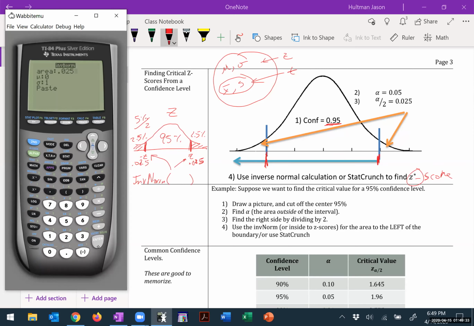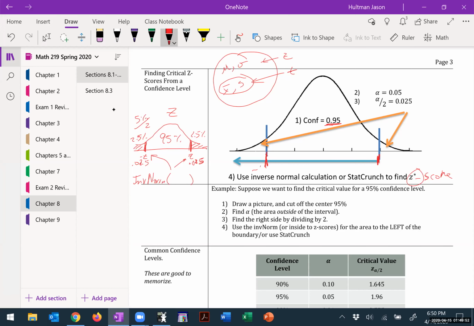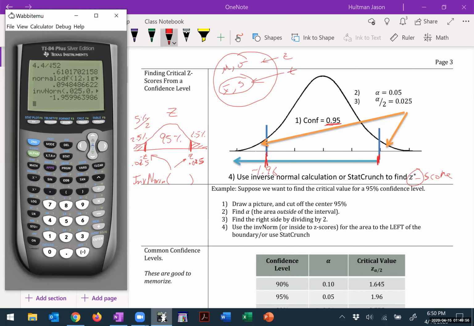So the area to the left is 0.025. This is a z score, so I'm going to let mu be 0 and sigma be 1. And I'm going to click paste. And it tells me, look, your lower bound is negative 1.96.